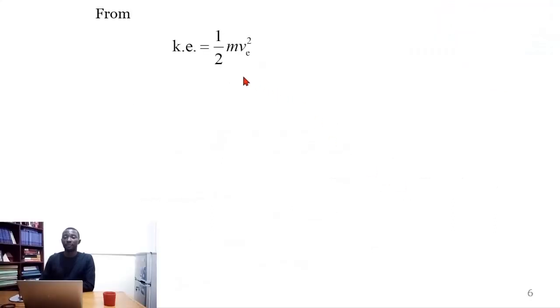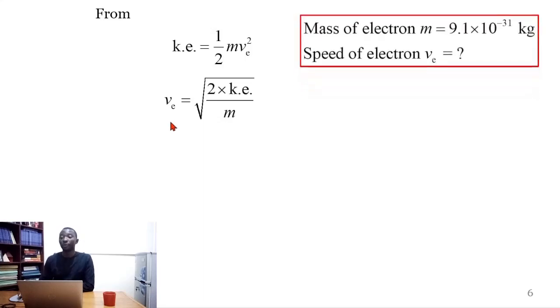So from the expression kinetic energy is equal to half m v squared, we write this. We make v sub e, which represents the speed of the ejected electron, the subject of the formula. We know that the mass of electron is 9.1 times 10 to the power of negative 31 kg. Speed of electron, we don't know.